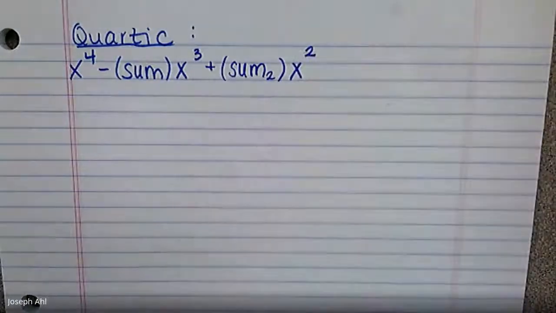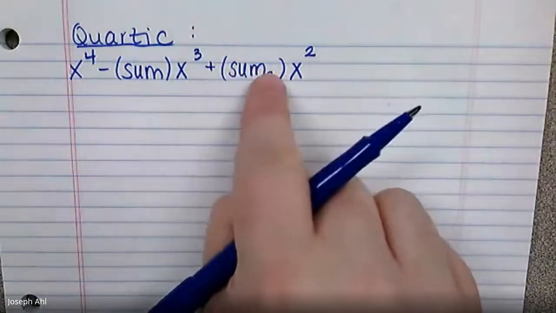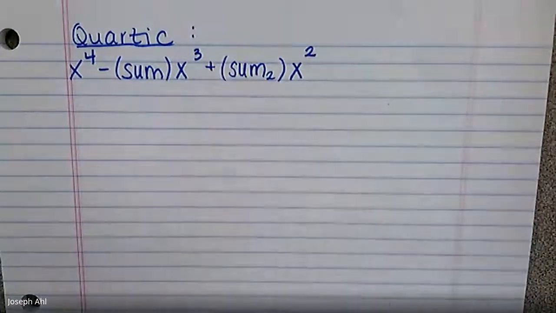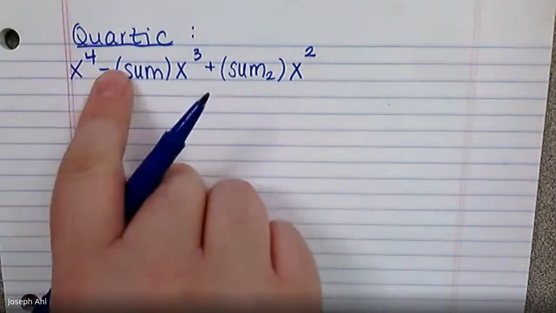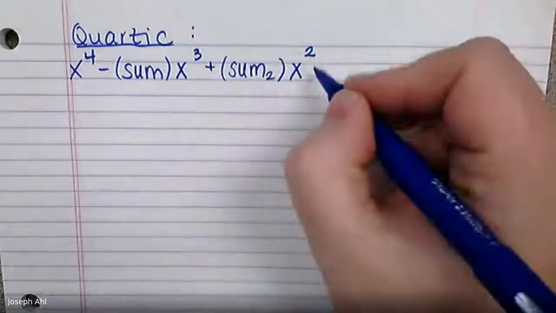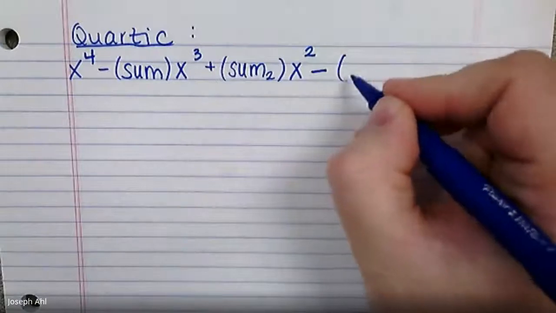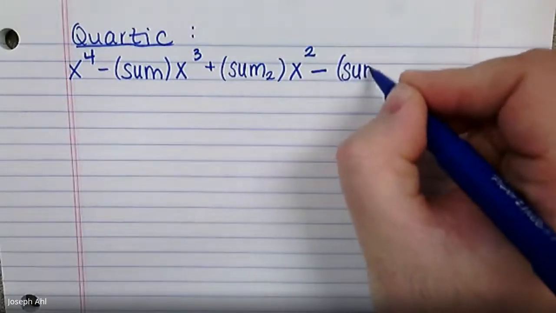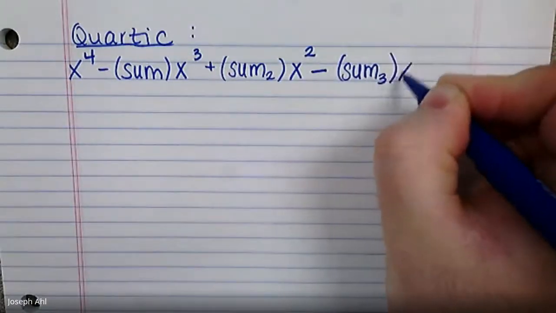That's going to be the coefficient of x squared. That sum 2 at a time is what we just did with the cubic polynomial. It's the sum of the products 2 at a time. Here's our new coefficient. Our new coefficient is going to come in as the coefficient of x. Now I keep, change, keep. I'm up to change now. We're changing, and it's going to be the sum of the products 3 at a time.